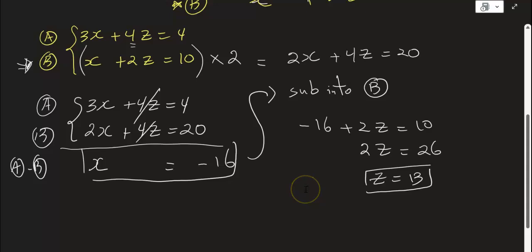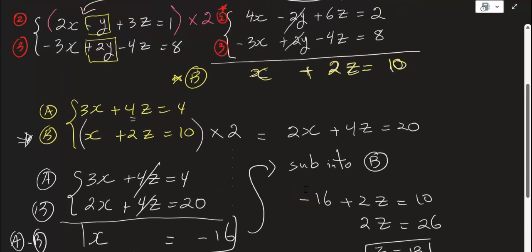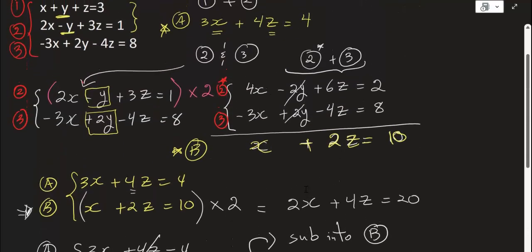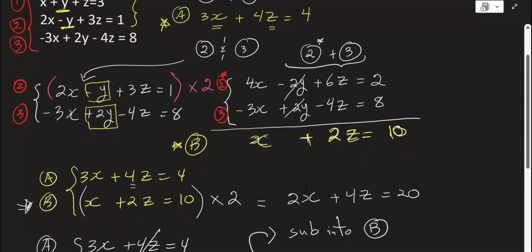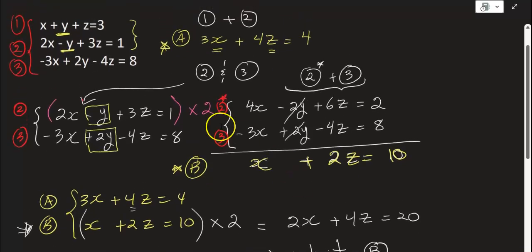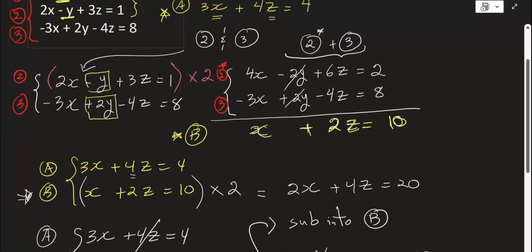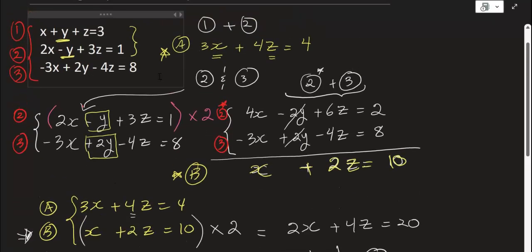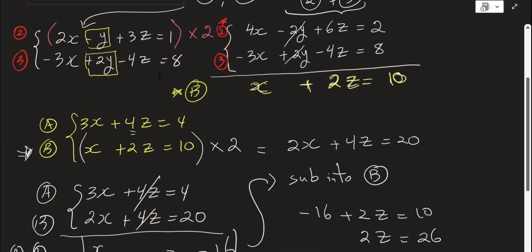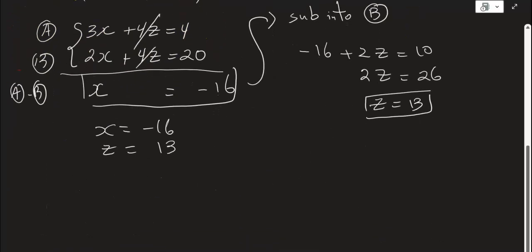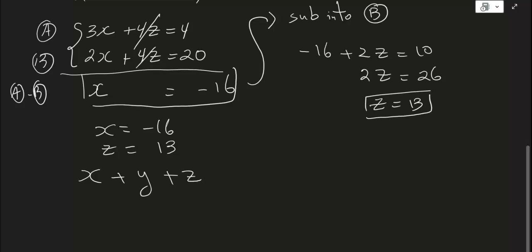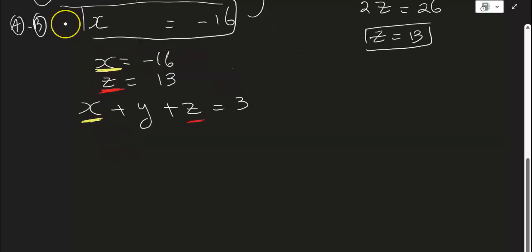So we have x and z, then now we can go back to any of the three equations from the question. The easiest one is the first equation, equation 1: x plus y plus z is equal to 3. So is that plus or negative? That's plus z is equal to 3. x plus y plus z is equal to 3.